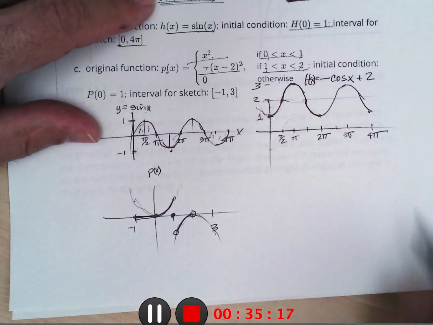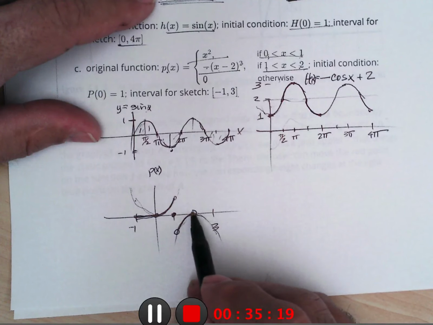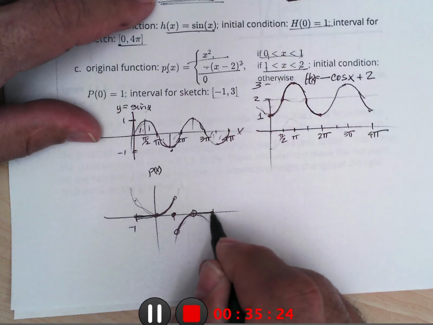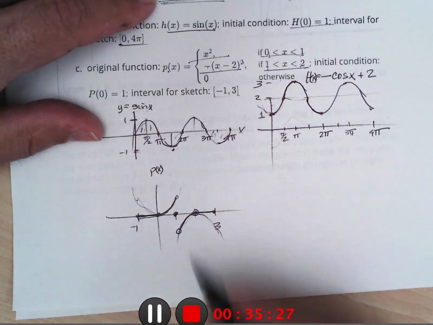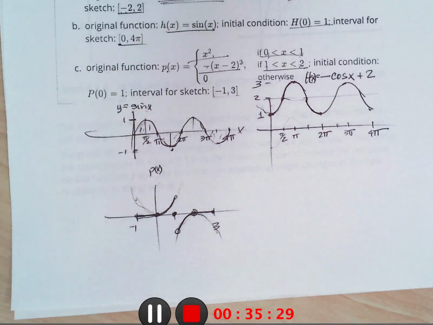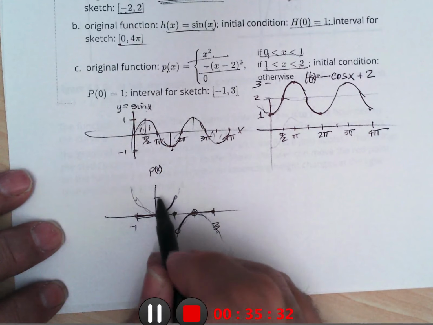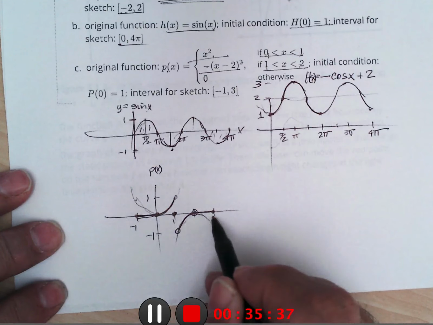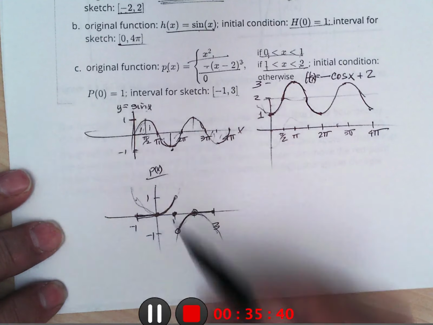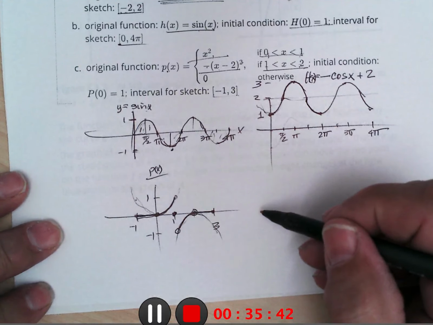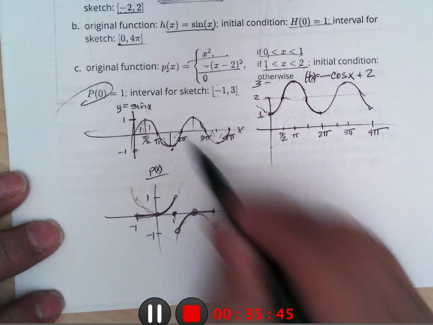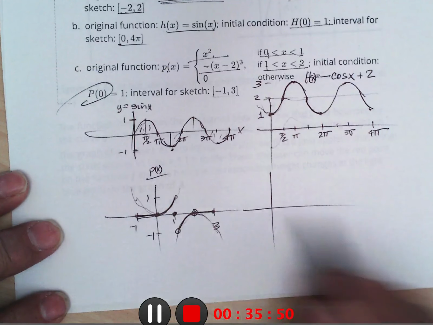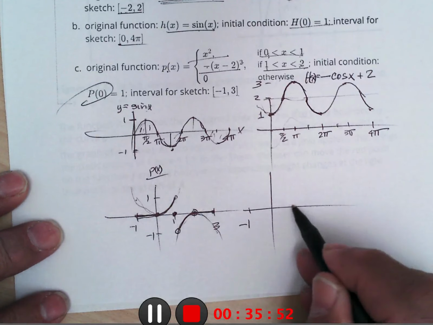And then it's not defined at 2 and up to 3, so that's all got to be 0, so it's 0 there, and it fills in that hole there, so it's continuous here. This is what P looks like.